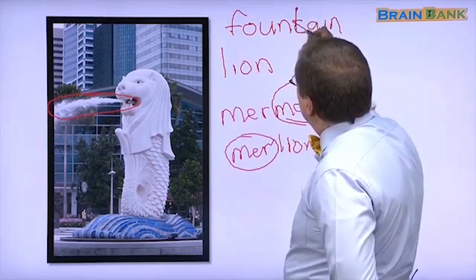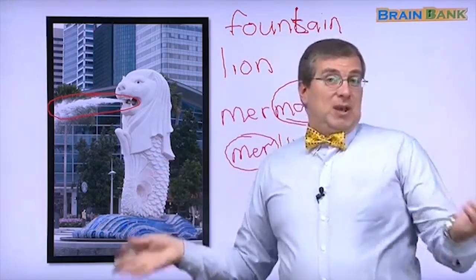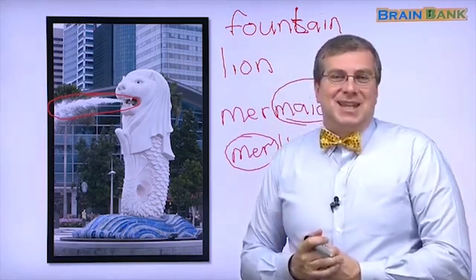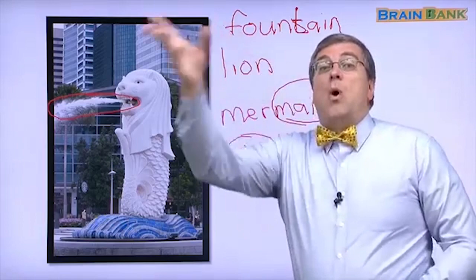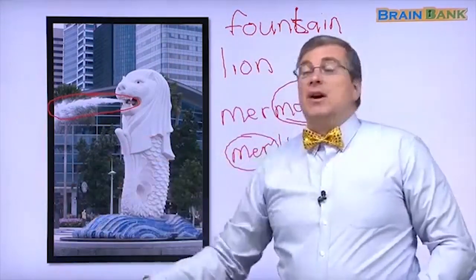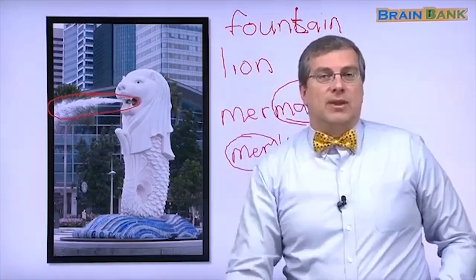Fountain, that's a T. Fountain. So many statues, especially in cities, in Seoul, maybe you can see some statues with water coming out of them. Many cities have fountains, statues with water coming out of them.